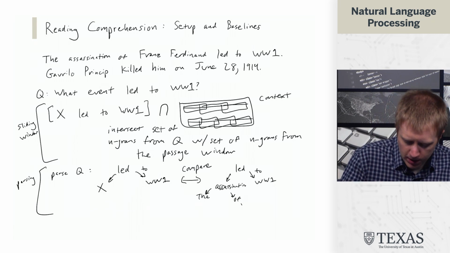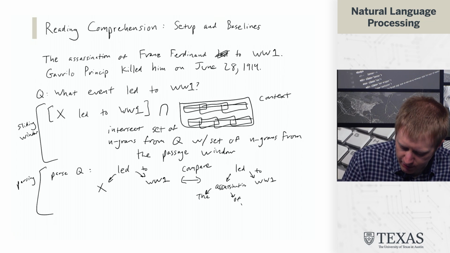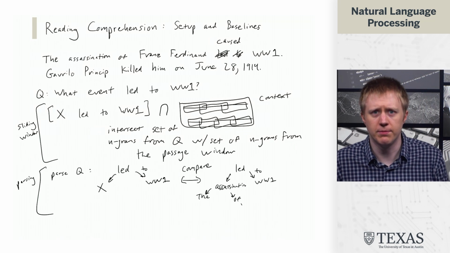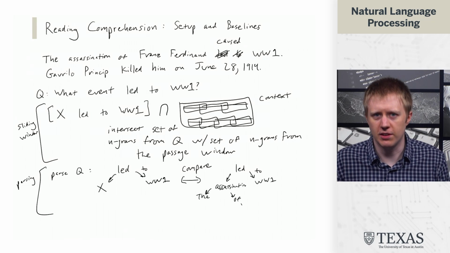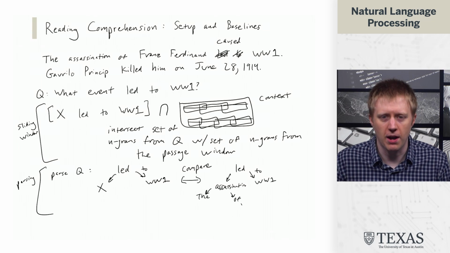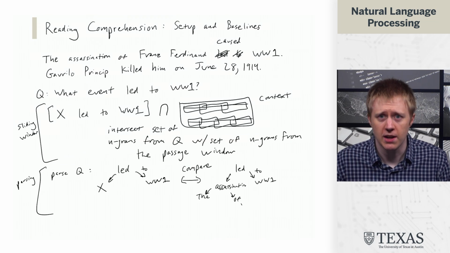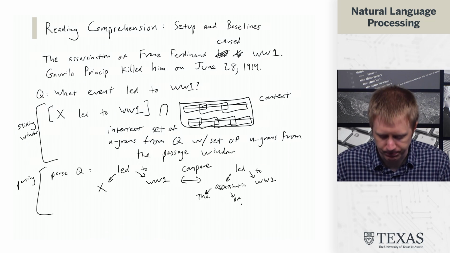One issue is, what if instead of saying "led to," we say "caused World War I"? Then suddenly the n-gram sliding window doesn't look as effective. And for the parsing technique, we didn't actually talk about how to do this comparison or matching, but we're relying on word match here, and we generally need to do something smarter than that.